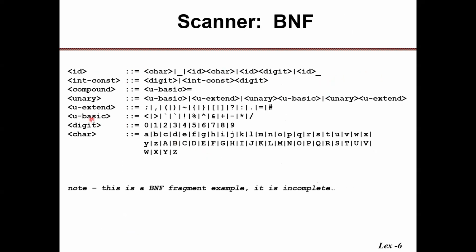So that's what we're going to do here with the unary operator: allow us to say not just the ubasic or the uextend, but we're going to take a unary. It will always start with one of the symbols that we've already accepted, a ubasic or extended, followed by a basic or followed by an extended. That's how we can create that.